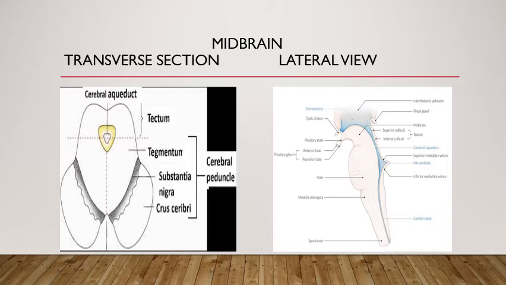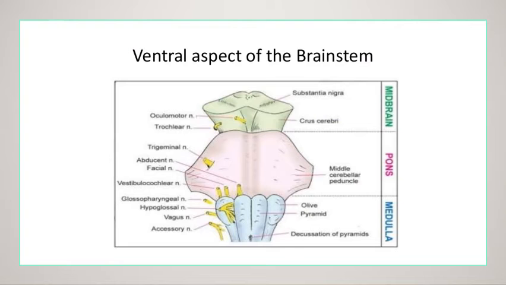Now let us go further. We have again taken this view of the ventral aspect of the brain stem, and we have already discussed the midbrain. Now the next part that we are going to discuss is pons.